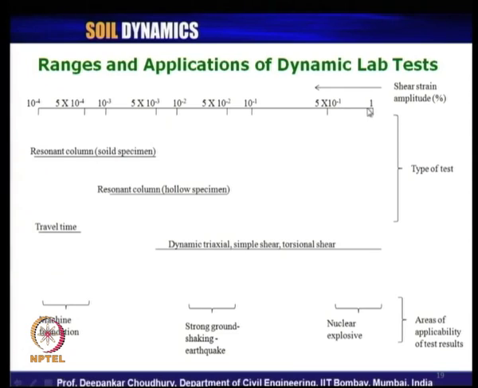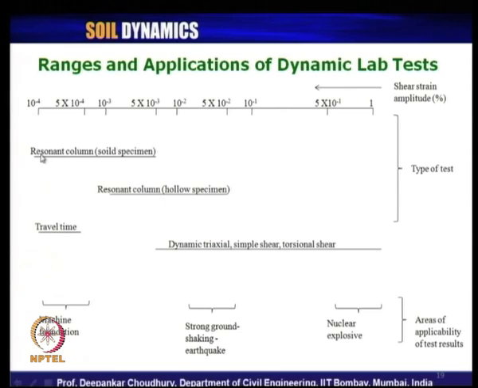Strain amplitude here is 1%, it is 0.5%, it is 0.1%, like that. In this direction it is decreasing, down to 10 to the power minus 4%, a very small value of the cyclic shear strain. Now, the different types of tests which are used for typical ranges of the cyclic shear strain are mentioned here.